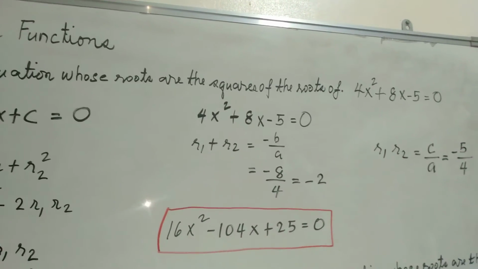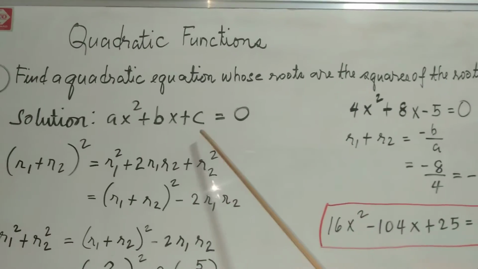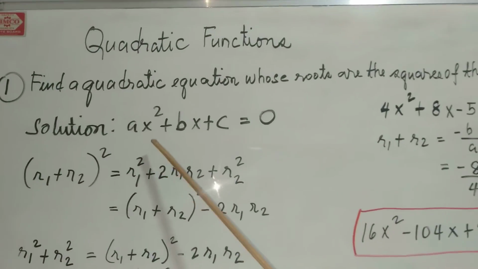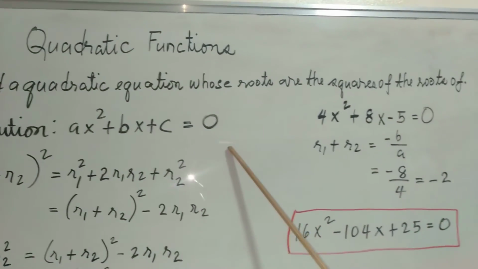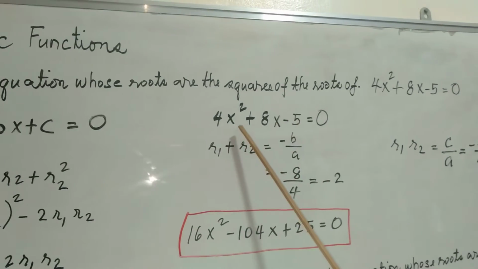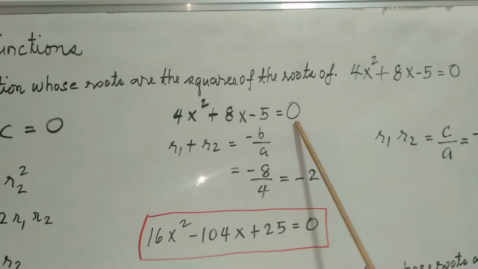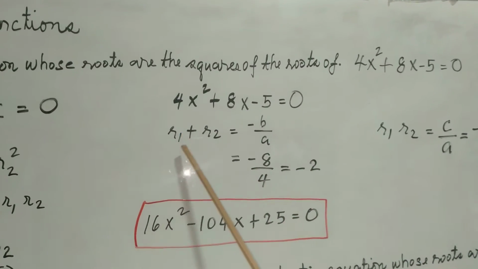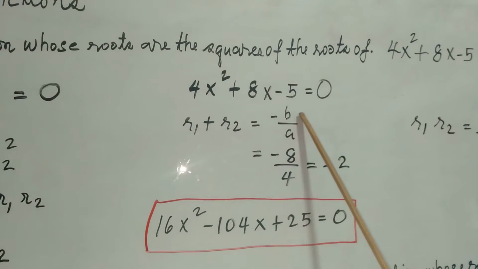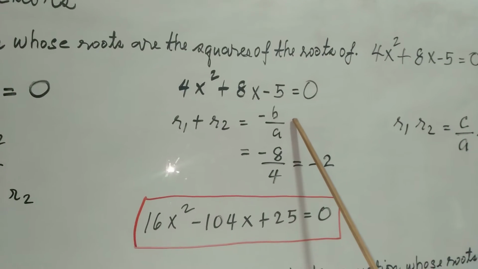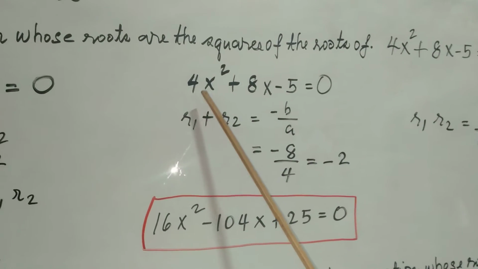And we know that the general formula for any quadratic equation is ax squared plus bx plus c is equal to 0. And since we are given this equation here, 4x squared plus 8x minus 5 is equal to 0, R1, the first root, and R2, the second root, the sum of the roots is equal to negative b over a, where b is the coefficient of the second term and a is the coefficient of the first term.